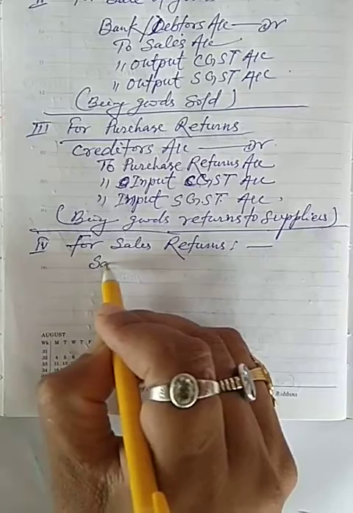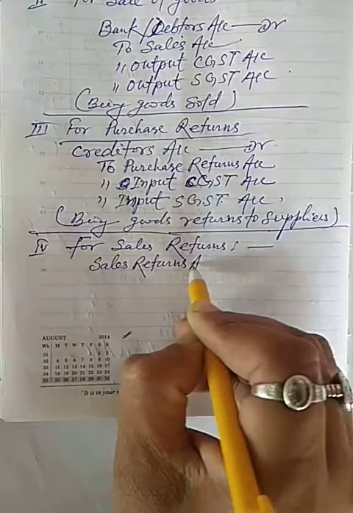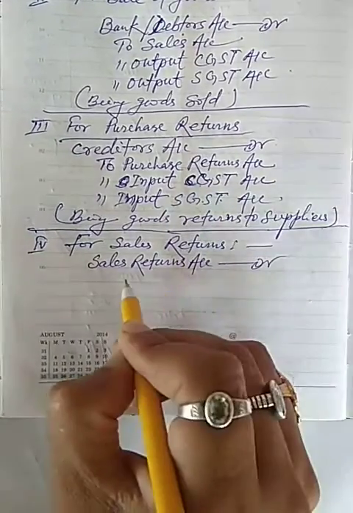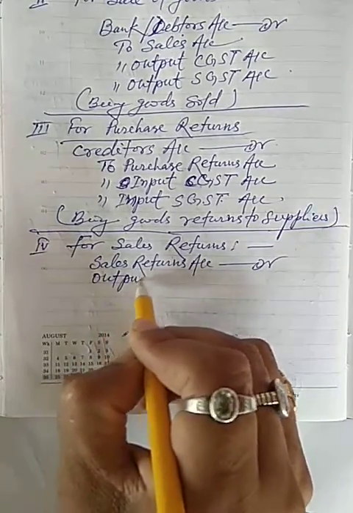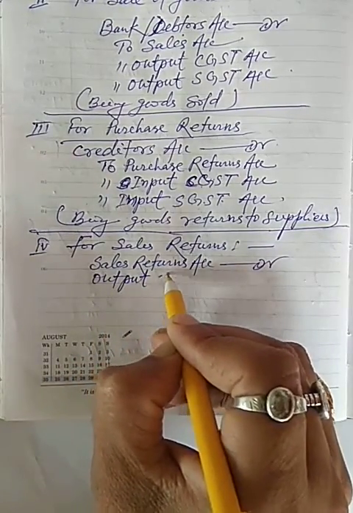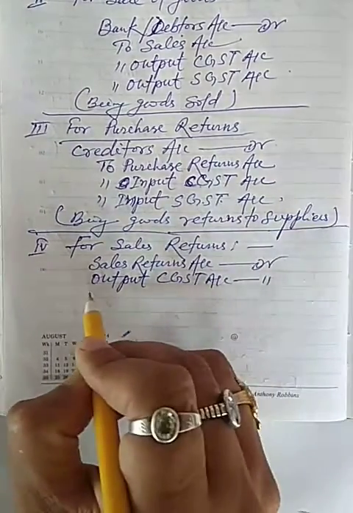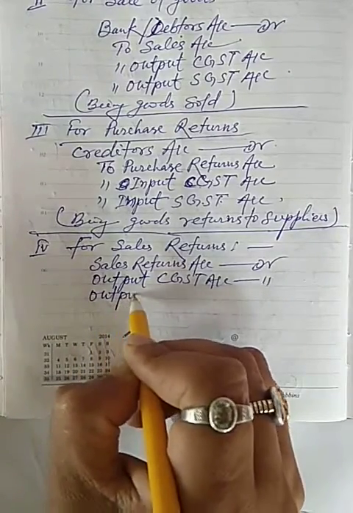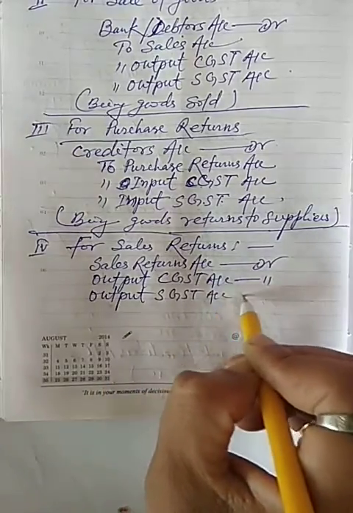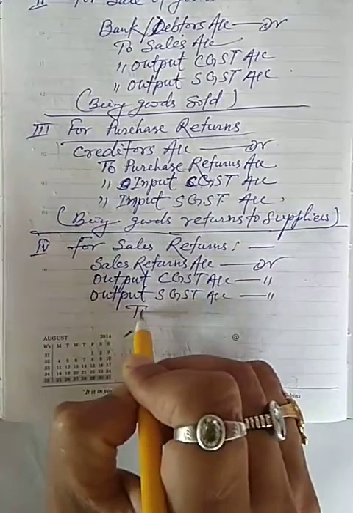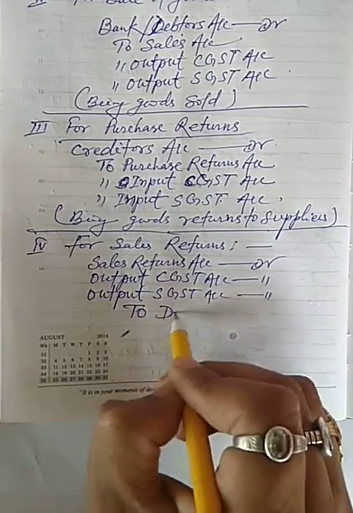Journal entry will be: sales returns account DR, output CGST account DR, output SGST account DR, to debtors account.